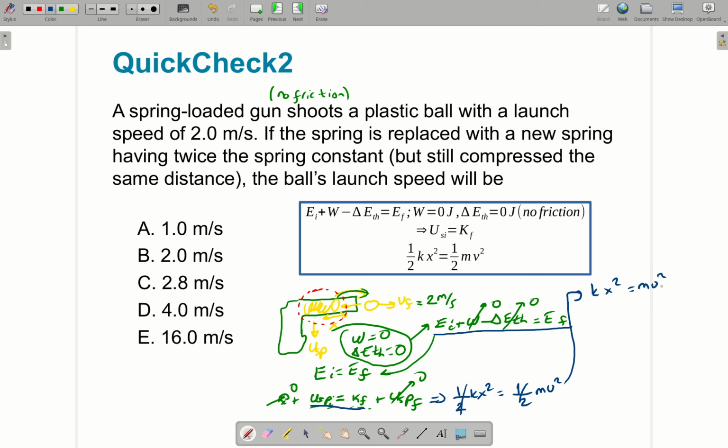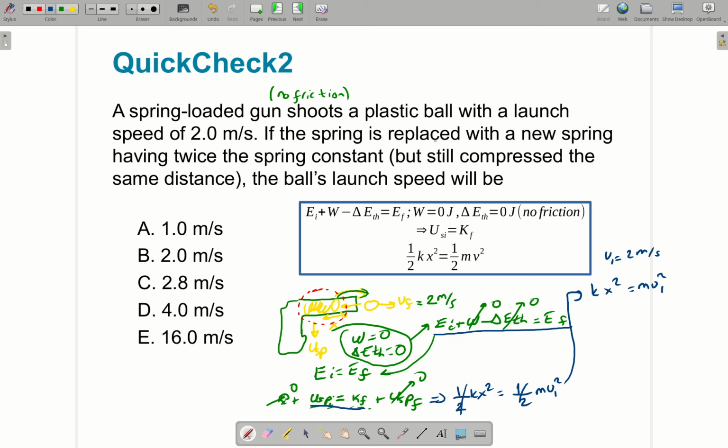Let's call this V1, first case. Now the question continues, and V1 is 2. So I got some information, but I can't really solve the question without knowing k, x, and m exactly.